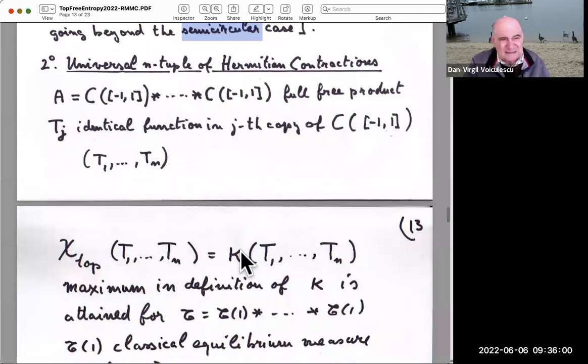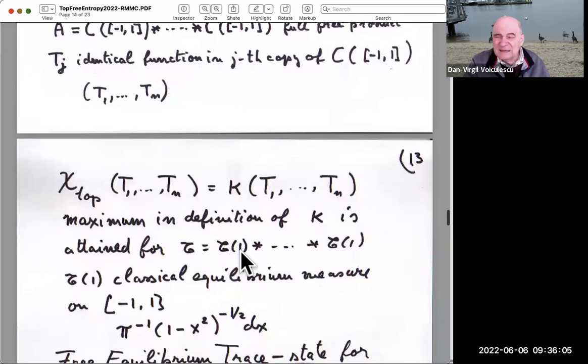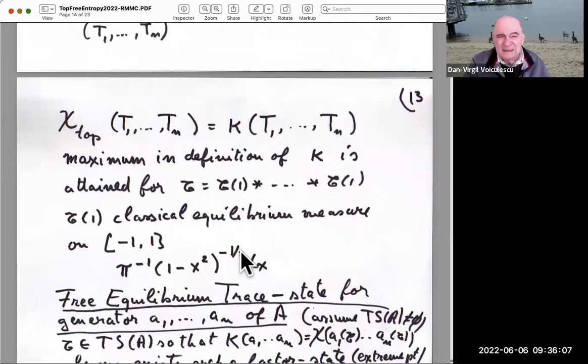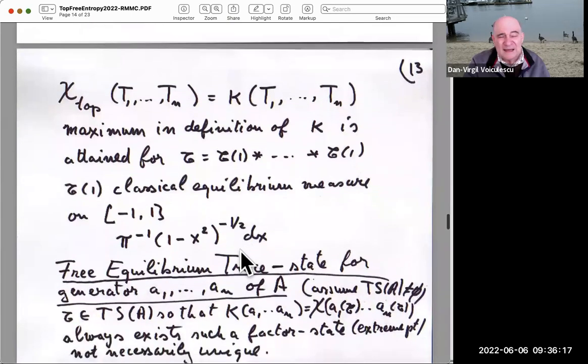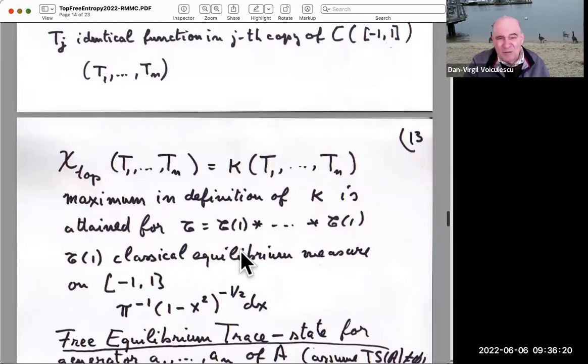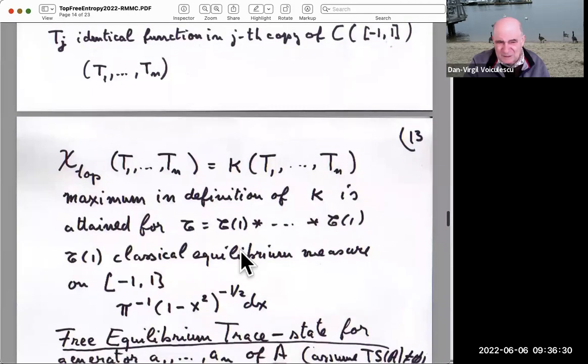So the topological free entropy of T1, ..., Tn of this universal n-tuple is equal to its free capacity, and the free capacity is a free entropy in the case of a particular distribution.